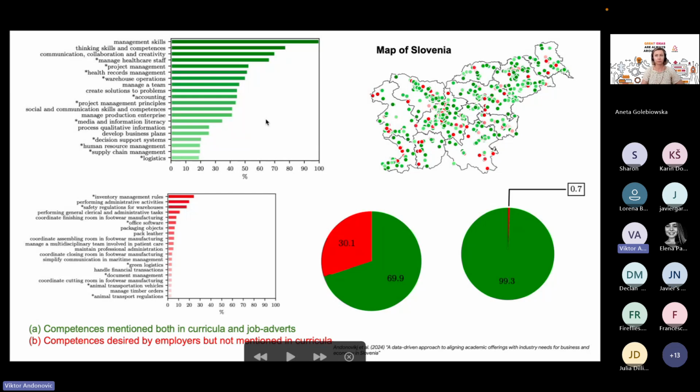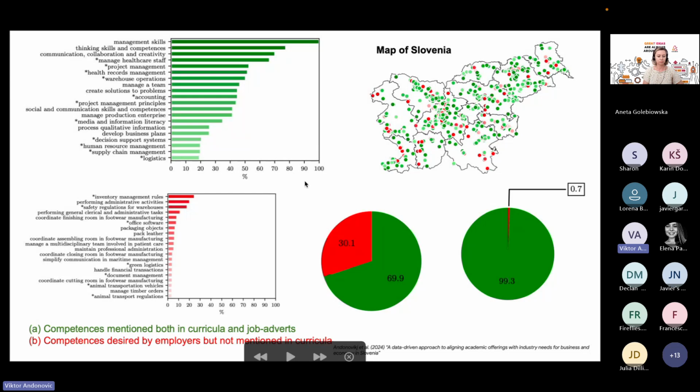So the results from the first study, in economy and business in Slovenia: we can see that with green color, we have colored the competences which are covered by the academic curricula. And with red color are the competences which are required or desired by the employers, but are not covered by the academic curricula.